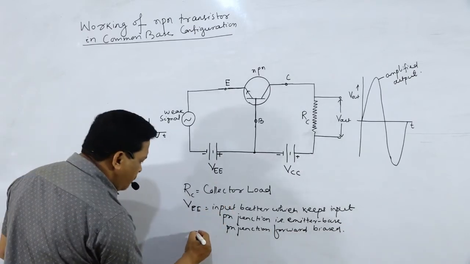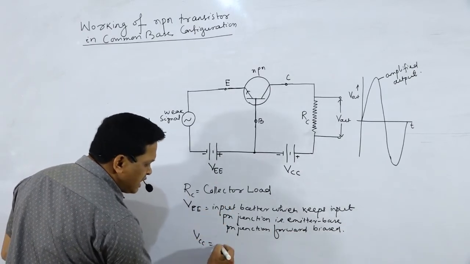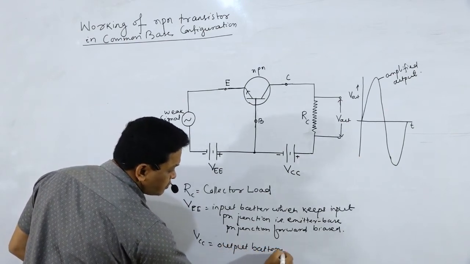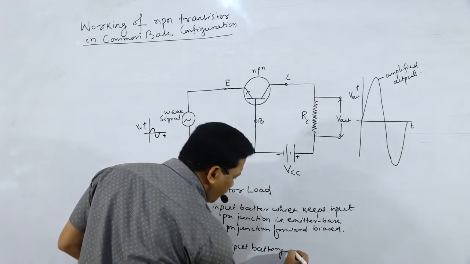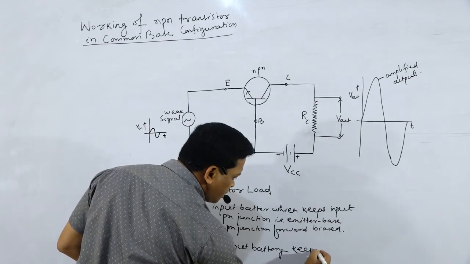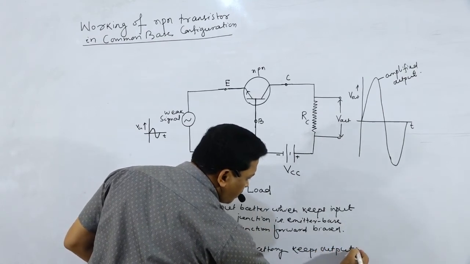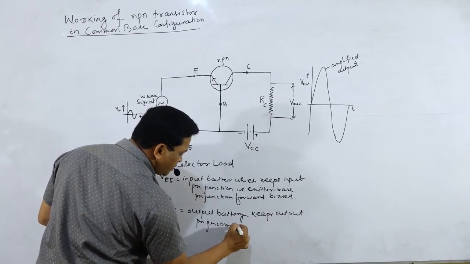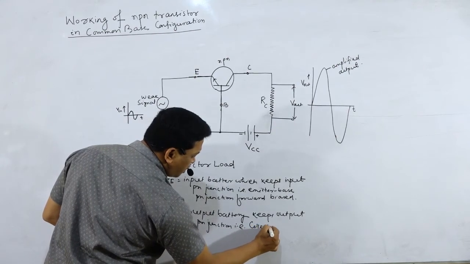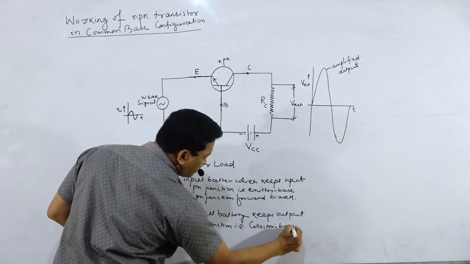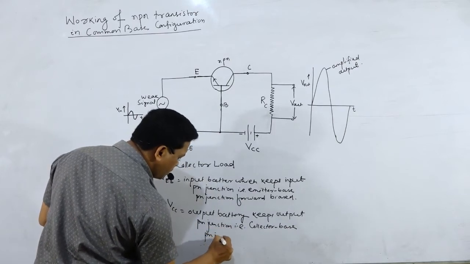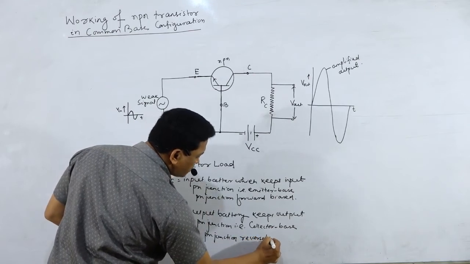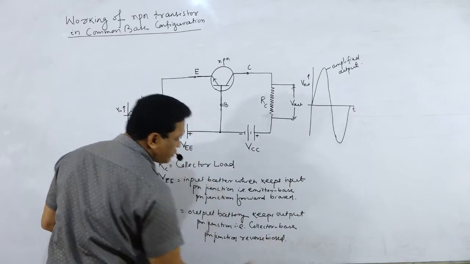The output battery VCC keeps the output PN junction, that is the collector base PN junction, reverse biased.